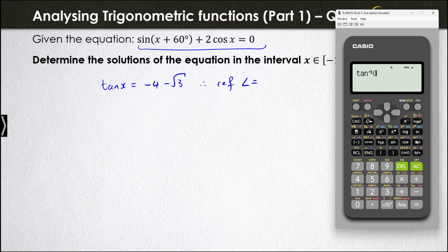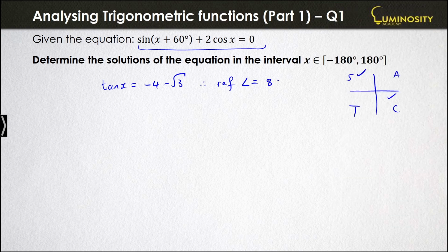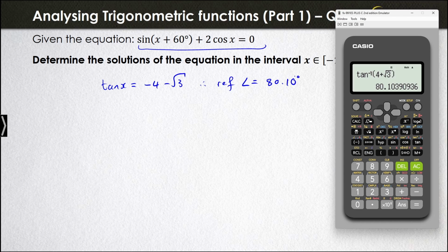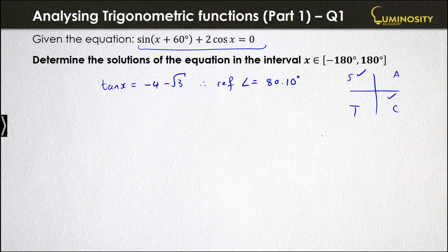So shift tan inverse, 4 plus root 3. Okay, so that's going to be 80.10 degrees. So that's the reference angle over here in the first quadrant.